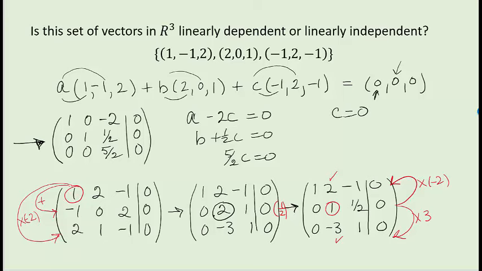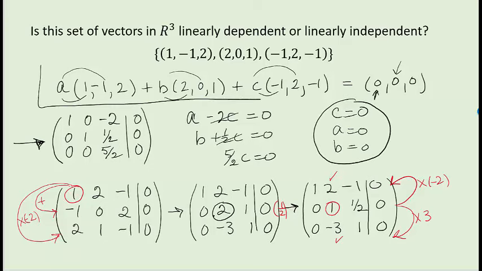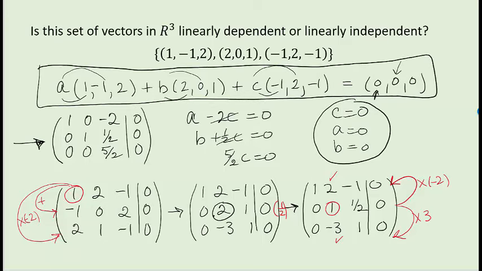And if C is equal to 0, then, of course, these go, and we have A is equal to 0 and B is equal to 0. Therefore, this original equation that we wrote is only true when A, B, and C are 0, and therefore we can say that these three vectors from R3 are linearly independent.